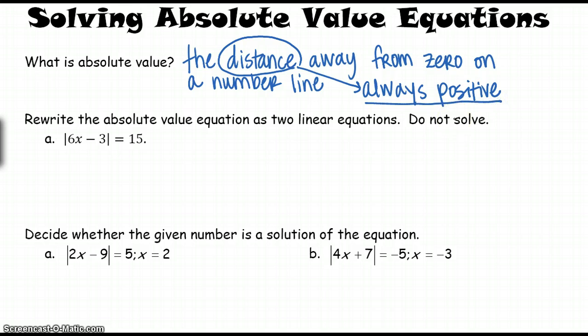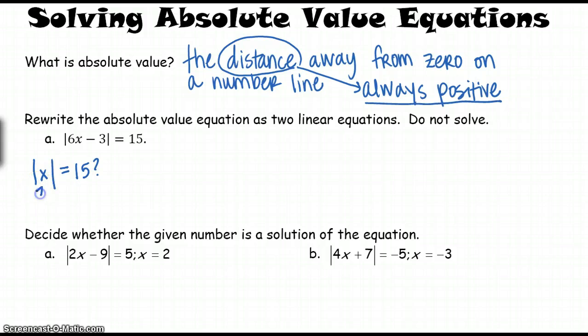Rewrite the absolute value equation as two linear equations. Do not solve. Well, let's think of an easier problem here. If I had asked you, and you do not have to write this part down unless you want to, the absolute value of what is 15? Absolute value means it's always going to be positive.